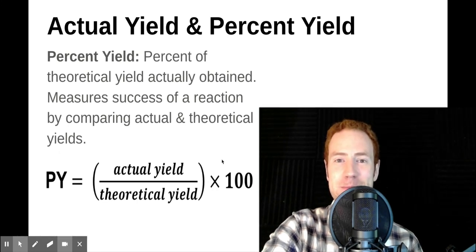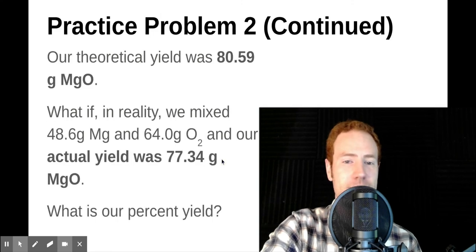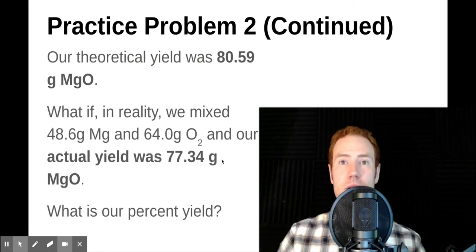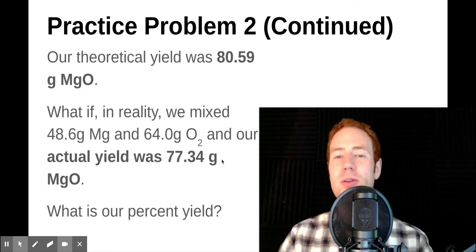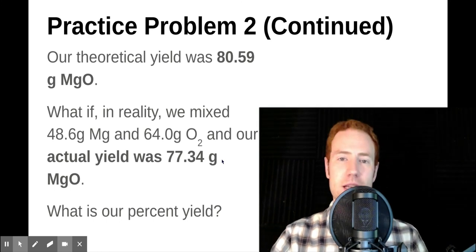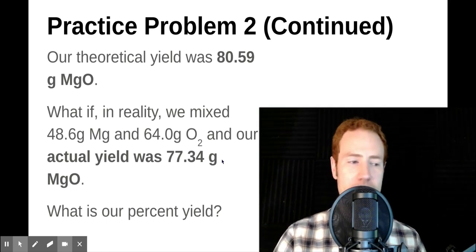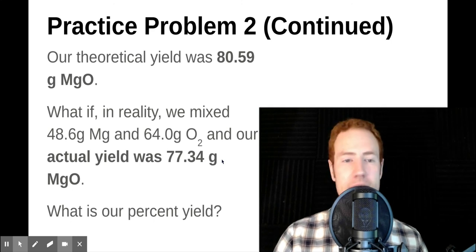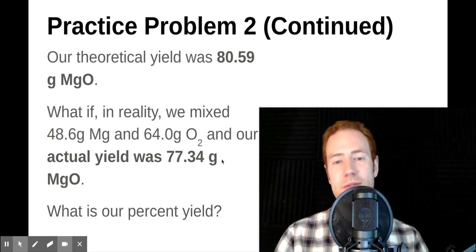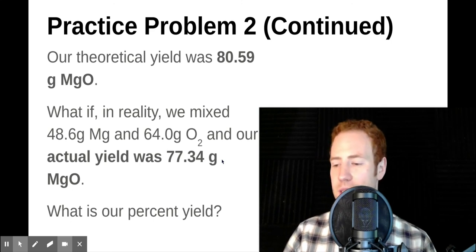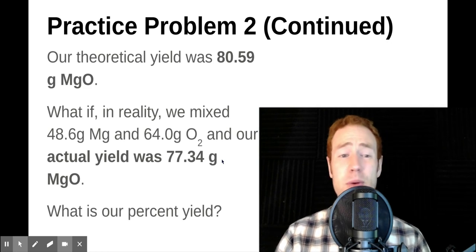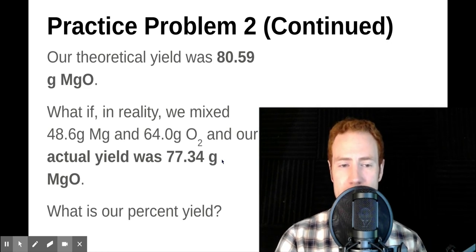So this is also something that you will need to know how to do. Let's give it a shot. Going back to our practice problem, that same chemical reaction with magnesium and oxygen reacting to make magnesium oxide, we calculated that our theoretical yield was 80.59 grams, or we actually said, because of significant figures, 80.6 grams of magnesium oxide.